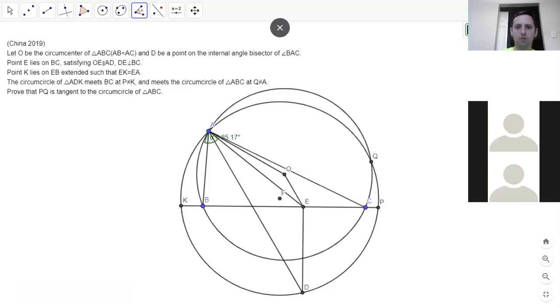No. So if DK equals DQ, that's the same as saying that angle KAD is angle DAQ.